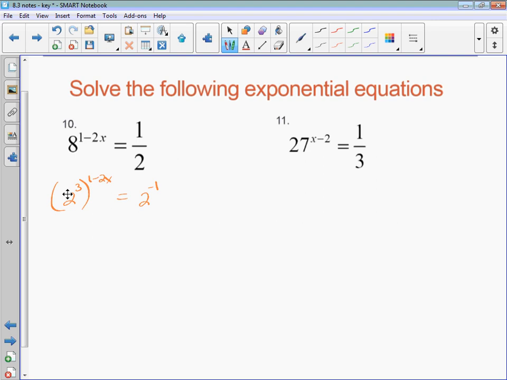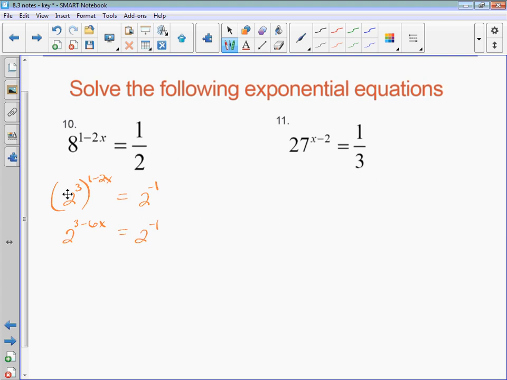All right, so I could write this using your rules from exponents. Isn't this also 2 to the 3 minus 6x? When you have a power to a power, you multiply. Yes? Okay, bases match, right? I've got 2's on both of these. What would have to be true then about the exponent?